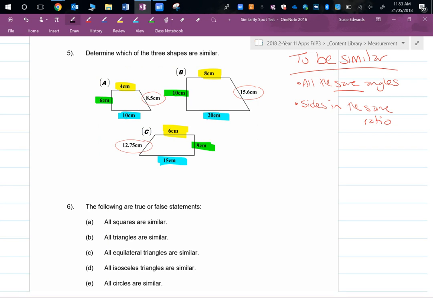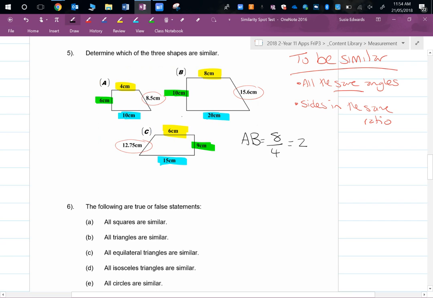Now, we're trying to check whether all the sides have the same ratio. So if I look at A to B, we're going, okay, 8 divided by, if we look at K, 8 divided by 4. And then let's try a different one. So let's go 10 divided by, 8 divided by 4 equals what? 2. Okay, so that's 2.